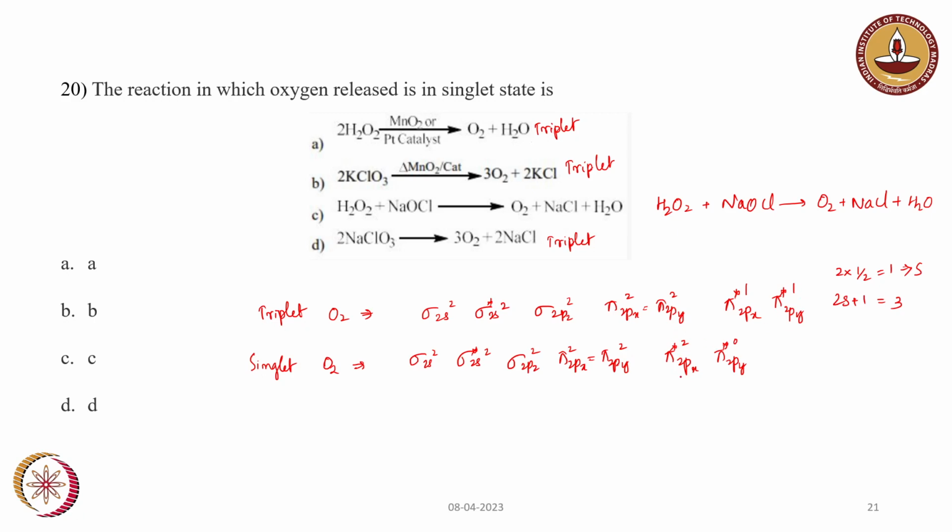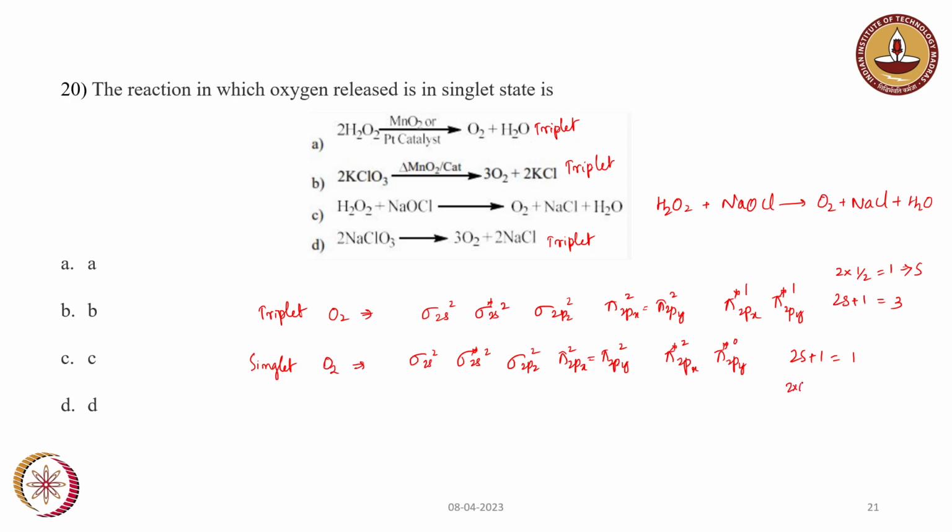So pi star 2px is filled with 2 electrons and pi star 2py is empty. So here 2S plus 1 equal to 1 because the spin will be 0. So plus half and minus half is present in one orbital, so the total spin will be 0.